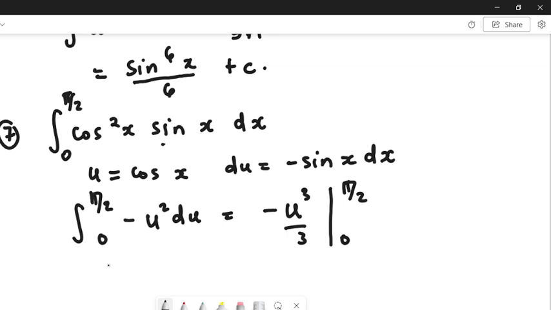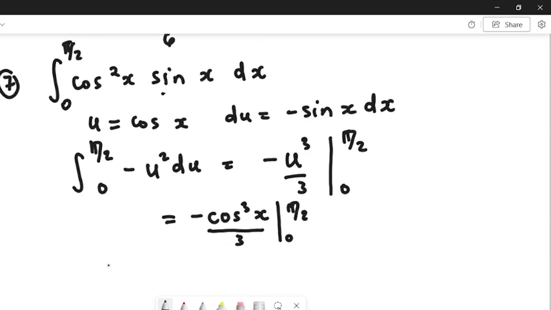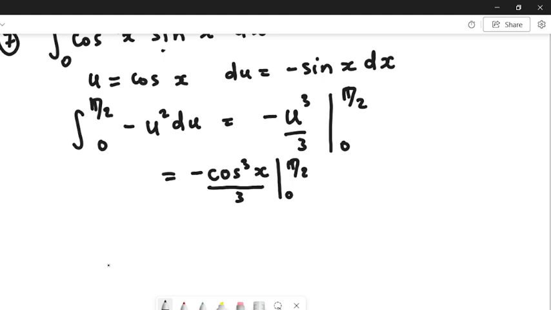So if you substitute, u is cos. So this one is negative cos cubed x over 3, and now the substitution is from 0 to pi over 2. Pi over 2 is 90 degrees. So if we substitute, we are getting cos cubed of pi over 2, which is 0, minus cos cubed 0, which is 1.